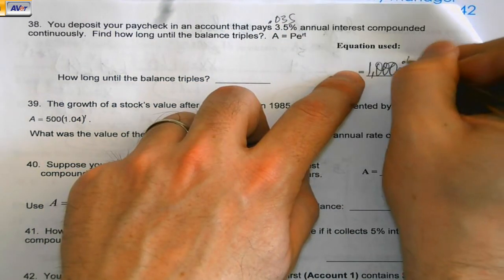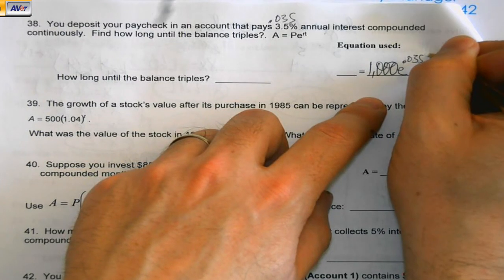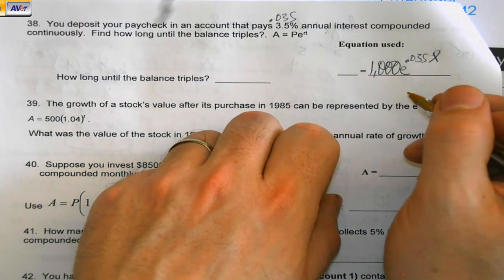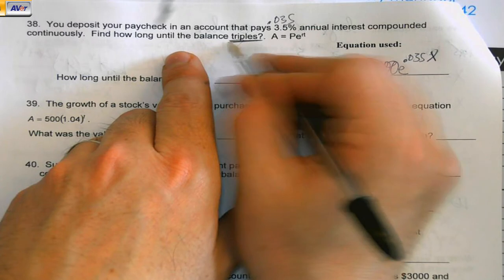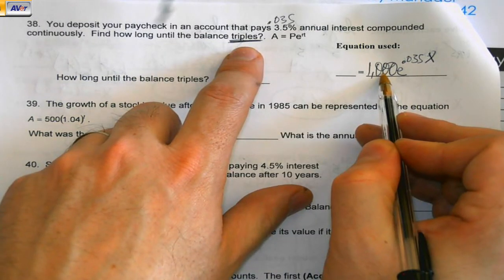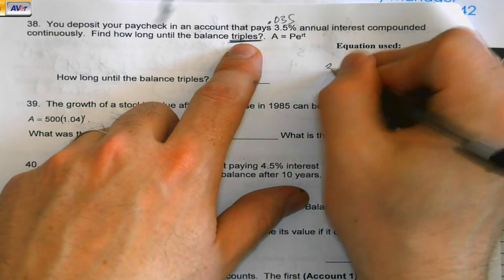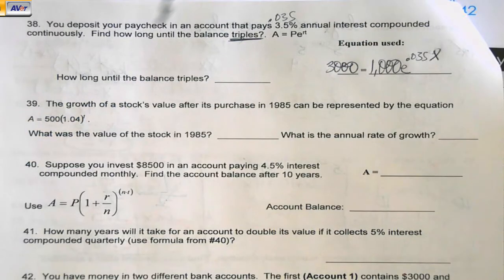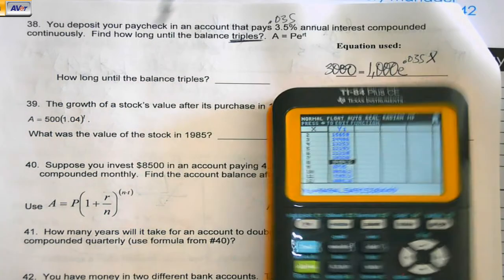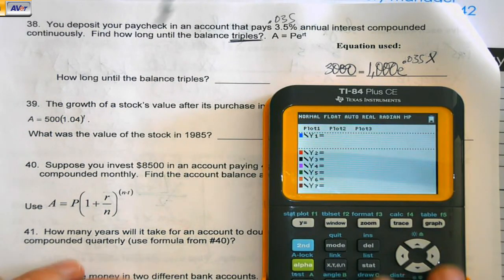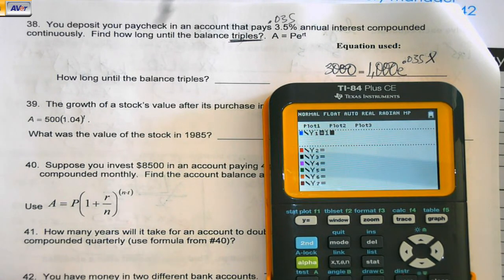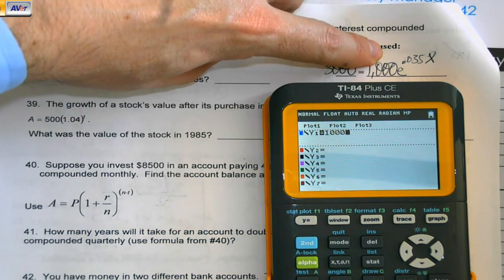So 0.035 T or X, whatever you want to use. How long until it triples? Whatever number I use here, 3 times as much goes on this side. My y equals. Type in just the right side.